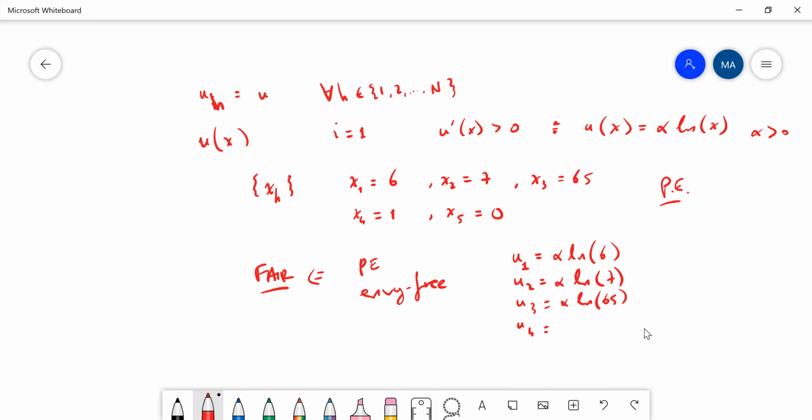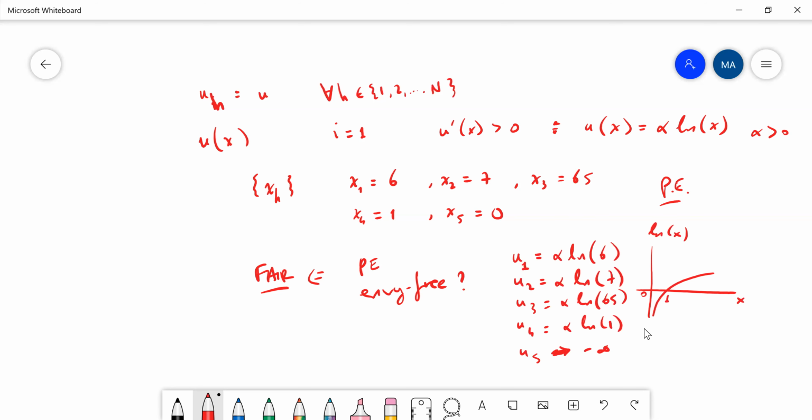U4 is alpha ln 1, which is 0, right? And U5 is converging to minus infinity, right? Ln 0. Remember, this is the logarithmic function, ln x. This is 1. This is 0.